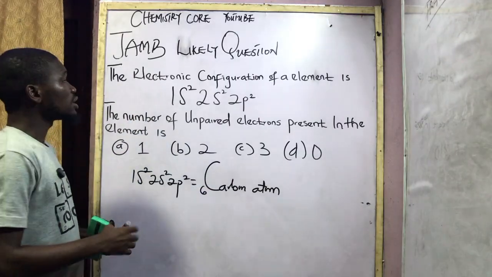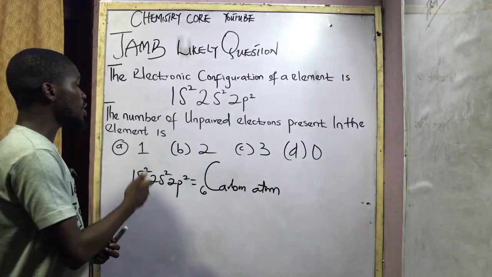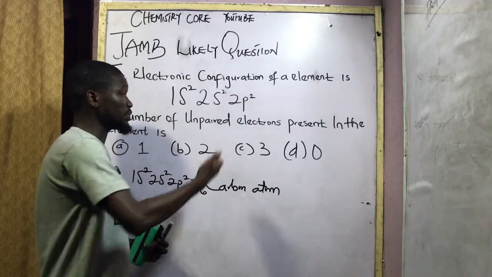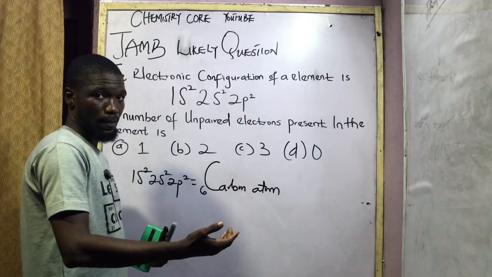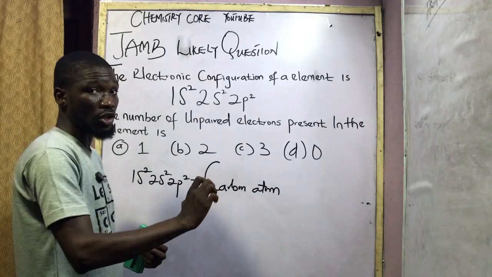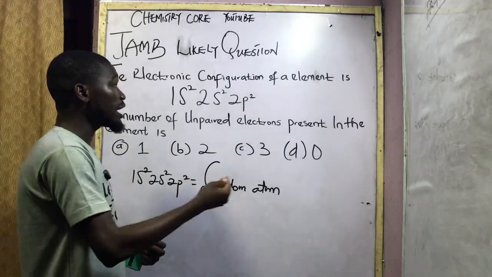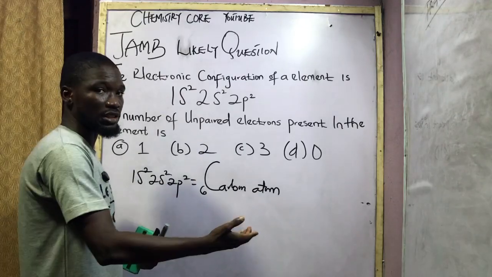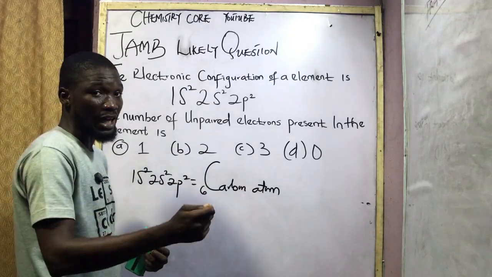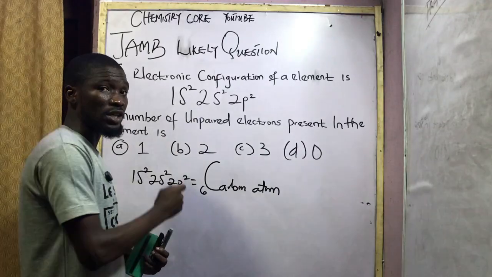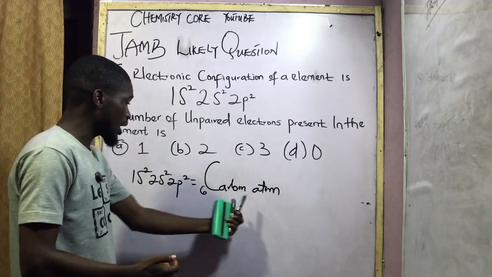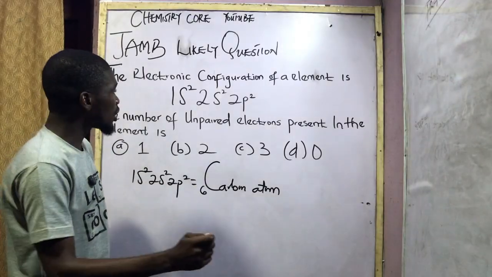6. Now, one thing you need to know is how you can deduce your unpaired electrons. Given the electronic configuration of the element, you are asked to look for the unpaired electrons. The first thing you need to be able to do is identify the element, which is the first thing we just did on the whiteboard. Carbon atom is that electronic configuration.